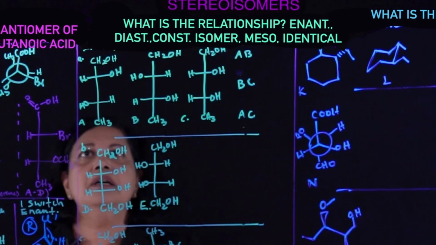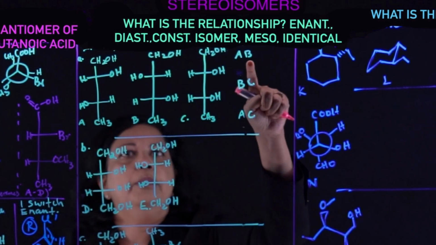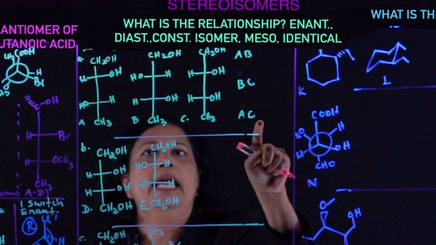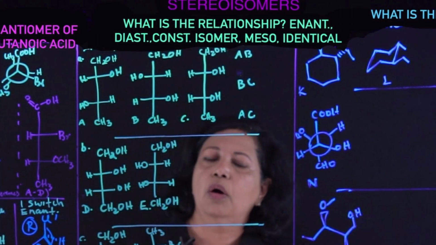Let's look at this. So here, 3 molecules. They're asking what's the relationship between A and B, B and C, A and C. First thing to notice is that they're all Fischer.